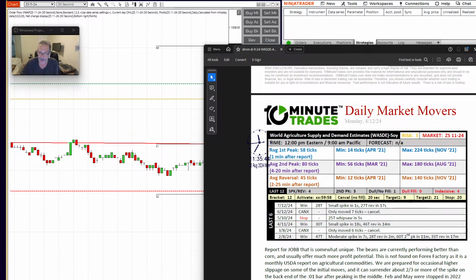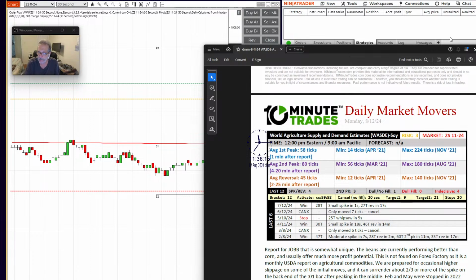The good thing is that a couple of the trades that didn't work allowed us plenty of time to cancel them. So they didn't have to be full stops. But we've seen this kind of behavior before on WASDE. Sometimes it goes through these periods where it just doesn't have a big impact, and then it very often returns back to the mean and starts trading well again.